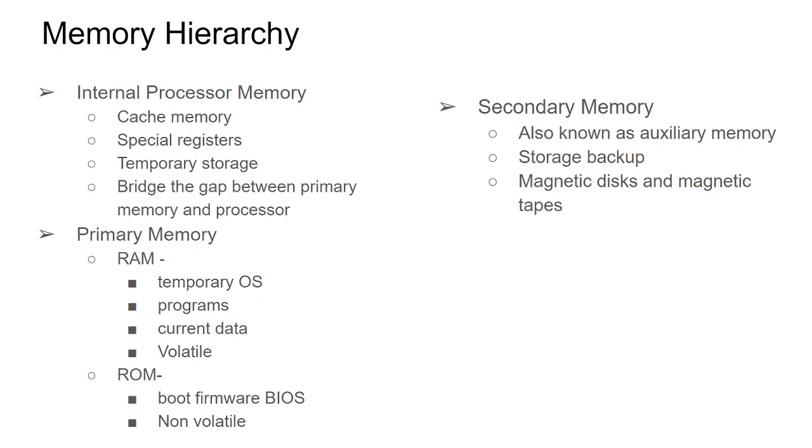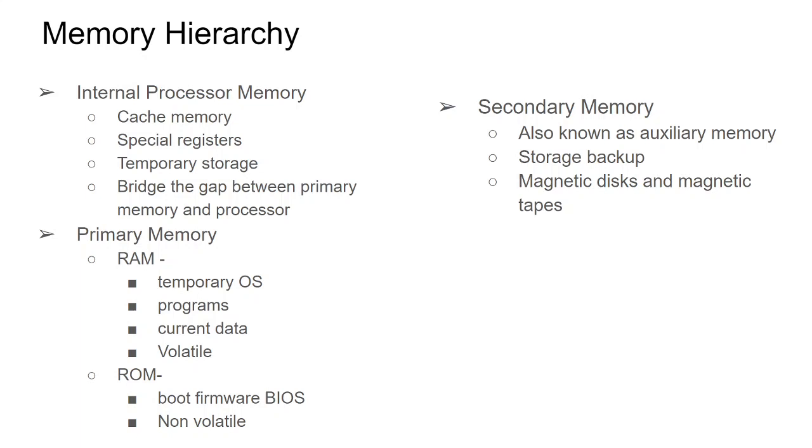So what does RAM do? The full form is random access memory. The primary memory is also called the main memory, and RAM is the place where the computer temporarily stores the operating system, the programs and the current data, and it's volatile.